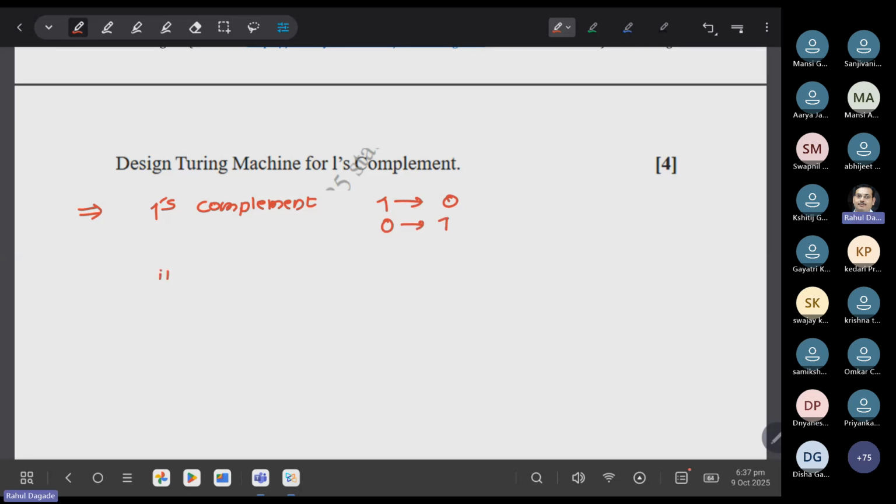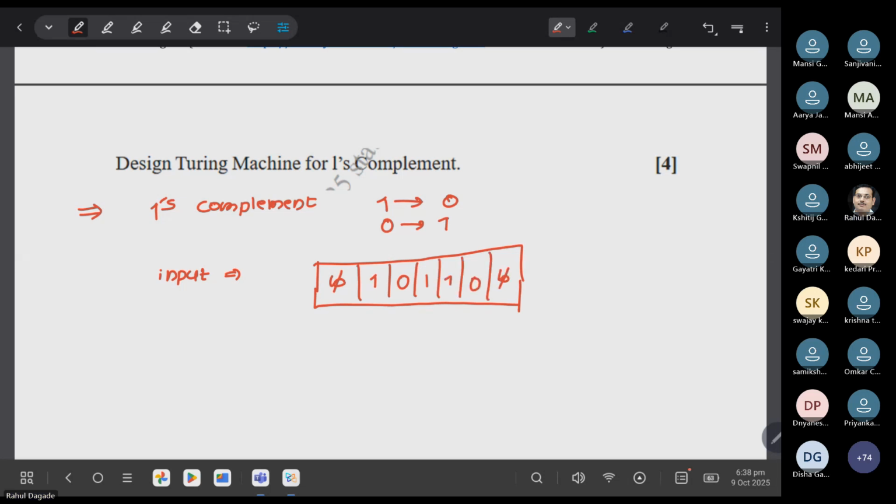So what will be the input? Let us take the input and show it on the tape. Our tape is like this, blank, then the input is 1, 0, 1, 1, 0, and then the end of the input is blank. So this is the input.